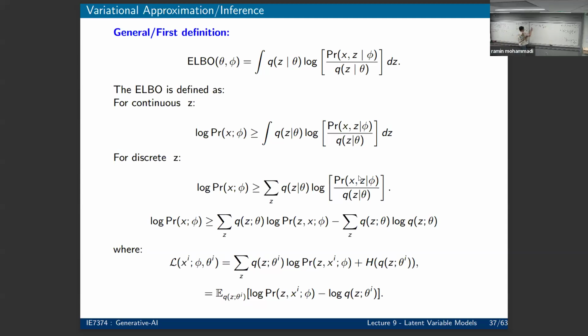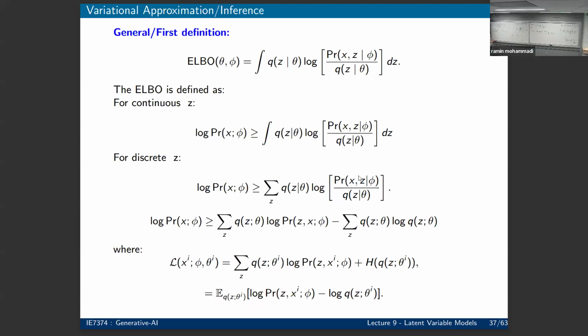We can decompose this by writing it as the summation of Q log P(X,Z) minus the summation of Q log Q, correct? The log of a division becomes a subtraction, and you expand it by multiplying by that Q at the front.